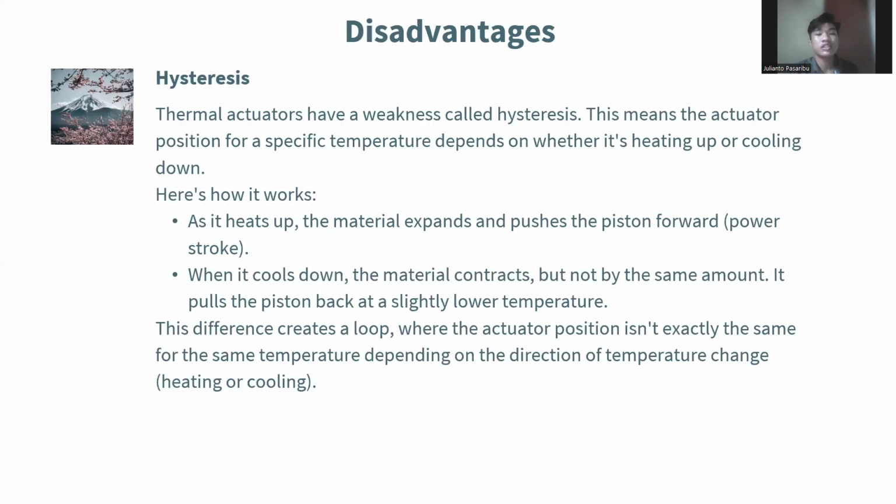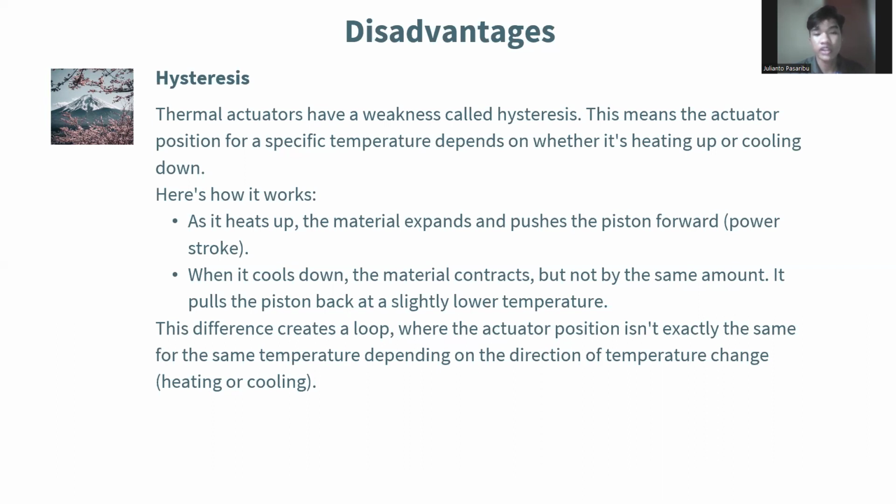Okay, after the advantages, there are disadvantages of thermal actuators. We can say here hysteresis. Thermal actuators have a weakness called hysteresis. This means the actuator position for a specific temperature depends on whether it is heating up or cooling down. Here's how it works. Point 1, as it heats up, the thermal material expands and pushes the piston forward, the power stroke.